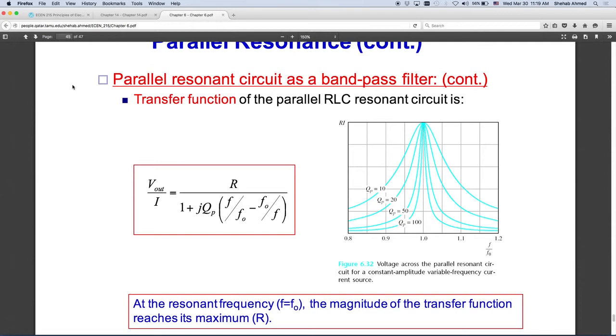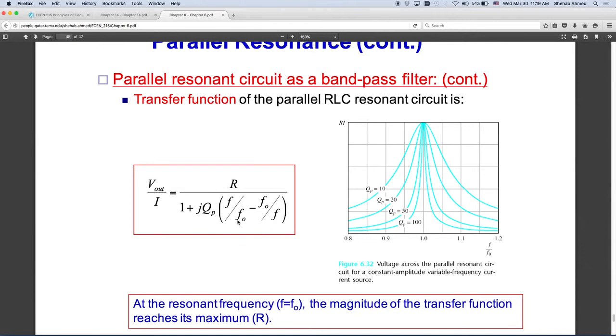Remember, my transfer function is my output voltage versus my input current in this case. I'm trying to maximize the amount of input current signal that goes to the resistor. That's my output, my V out, which is I times R. My input is my input current here. So my transfer function is this.